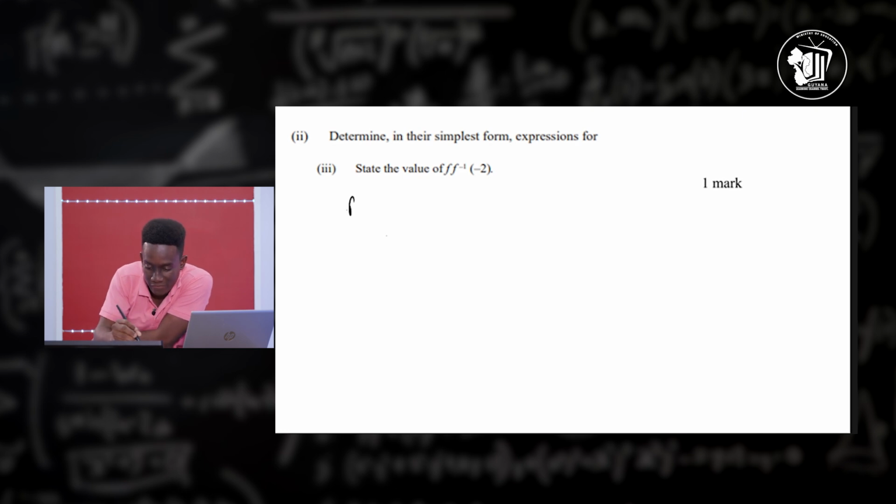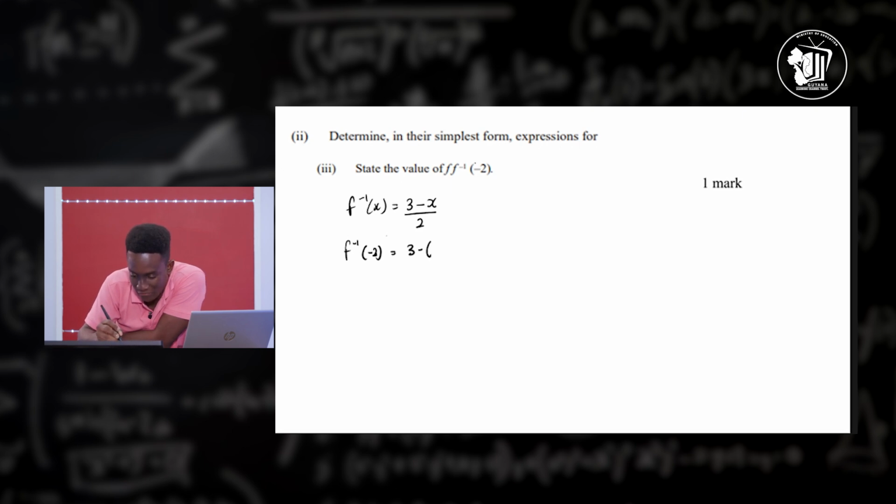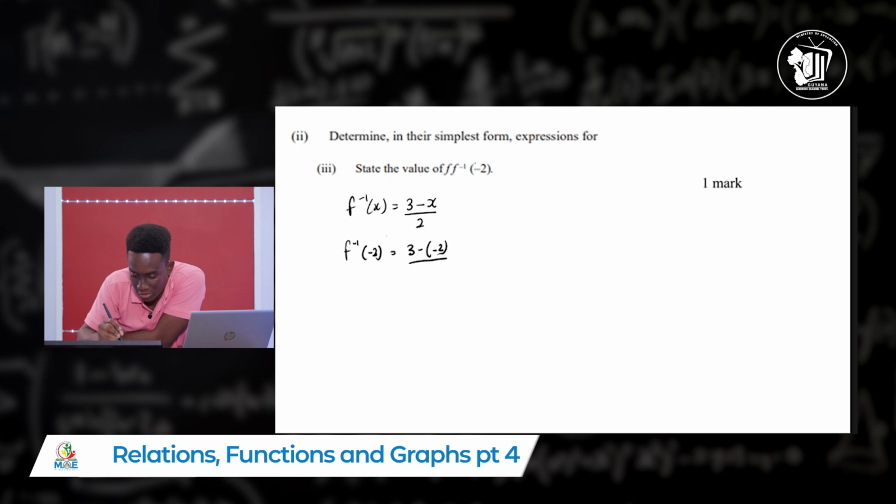So we can say f inverse of x is equal to (3 minus x) all divided by 2. So now we want to find f inverse of negative 2. So this will be 3 subtract, instead of x, we'll have negative 2, all divided by 2.